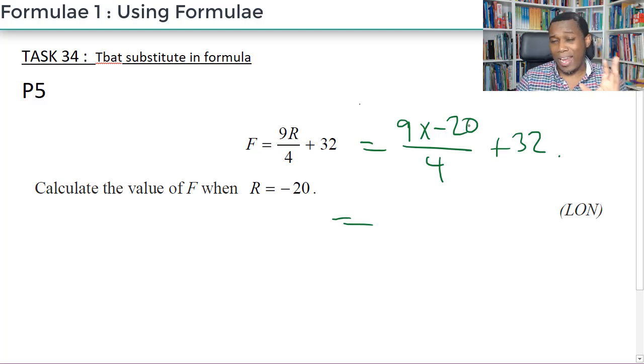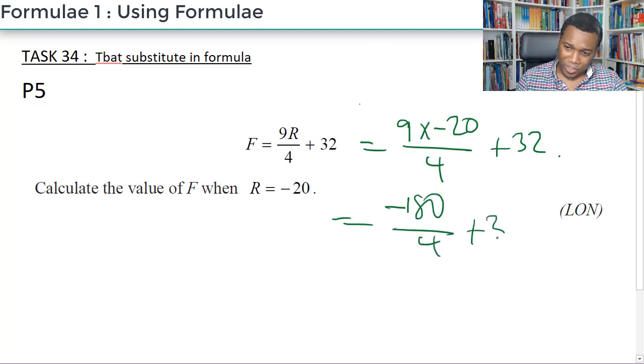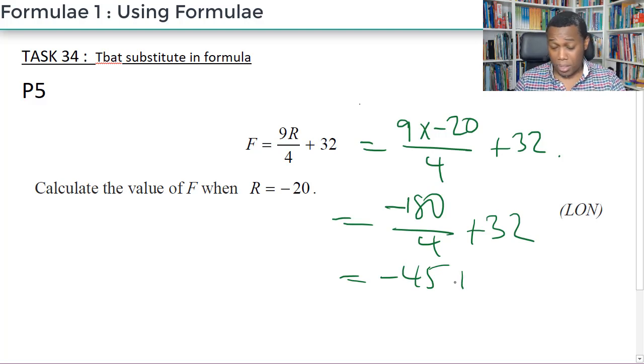Actually, you know what? I would expect you to use a calculator on this, but minus 180 on 4 plus 32, which will give you minus 45. What am I doing? Not minus 45. If I split 180 in 4, yeah, it is 45. Yeah, I was right. Minus 45. Why am I second guessing myself?